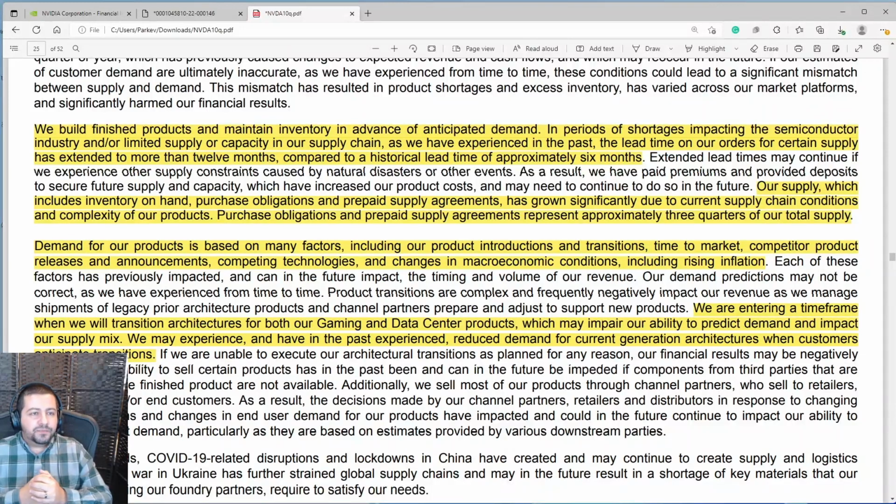Demand for our products is based on many factors, including product introductions and transitions, time to market, competitor product releases and announcements, competing technologies, and changes in macroeconomic conditions, including rising inflation. So all sorts of factors impact demand for Nvidia's products, and most recently these headwinds are causing demand to decrease.